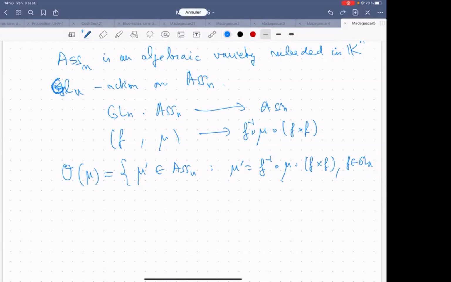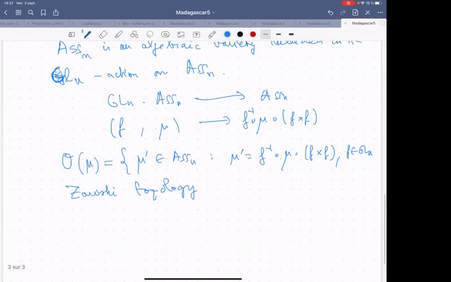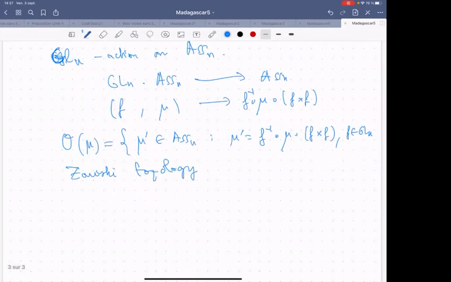Here we use the Zariski topology, and now we can also introduce a new type of rigidity, geometric rigidity.